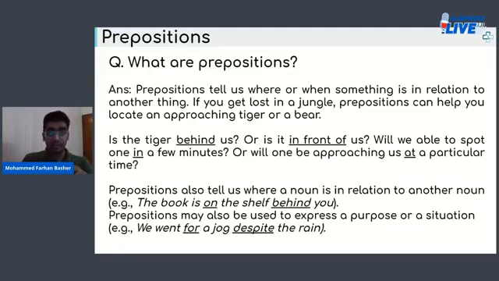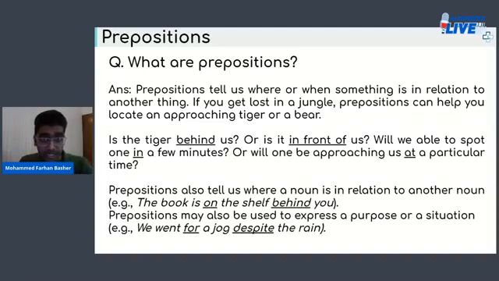Or is it in front of me, right? Is the tiger in front of me? If it's in front of me, possibly, of course, I will be able to look at it as well. Okay, will we be able to spot one in a few minutes? So maybe we haven't come across a tiger or a bear yet, but will we be able to spot a ferocious animal within a few minutes?